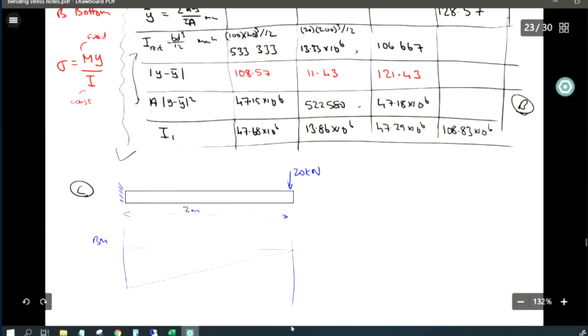The bending moment at the wall is just the force by the distance, which is 40 kilonewton meters, 40 by 10 to the 6 Newton millimeters. That beam is going to bend downwards, in that kind of a shape. So we have tension at the top, compression at the bottom.